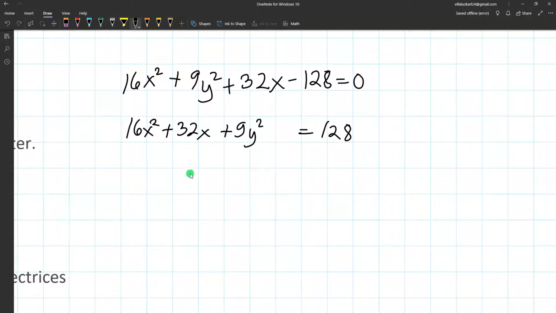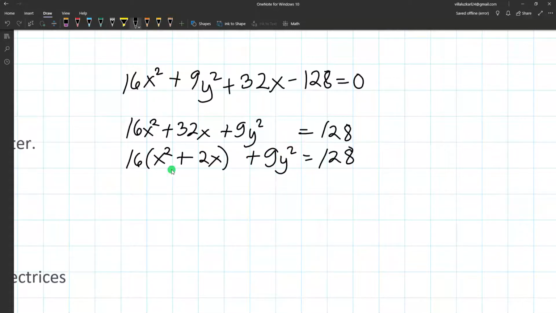In the term 16x squared plus 32x, we can factor out 16. That's why we have 16 times x squared plus 2x, plus 9y squared equals 128.